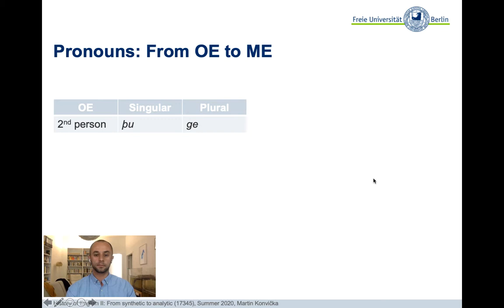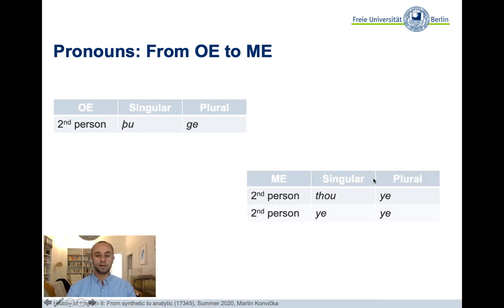But in Middle English, there was actually something else that happened. You also could use, to address a single person, the pronoun thu, and for more than one person, the pronoun ye.